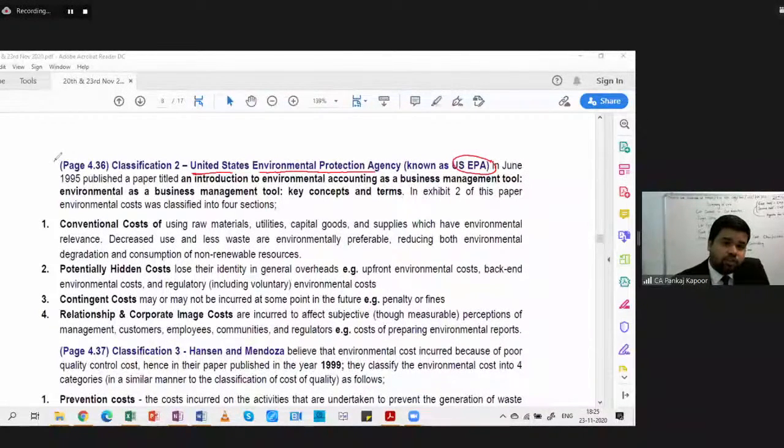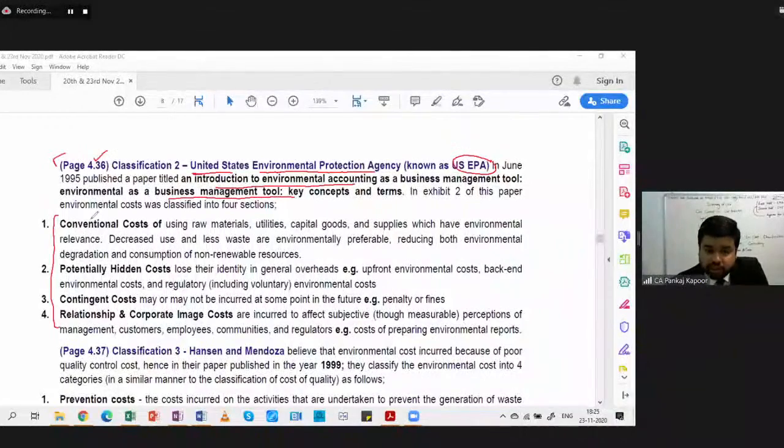And this classification is also given on page number 4.36 of your study material. In June 1995, they wrote a paper in which they mentioned that the environment cost can be categorized into 4 categories.